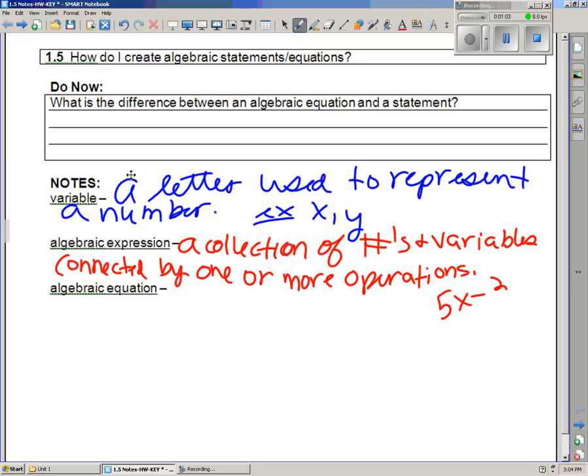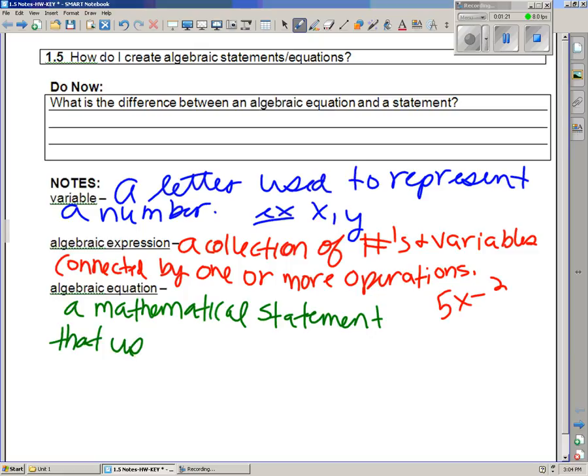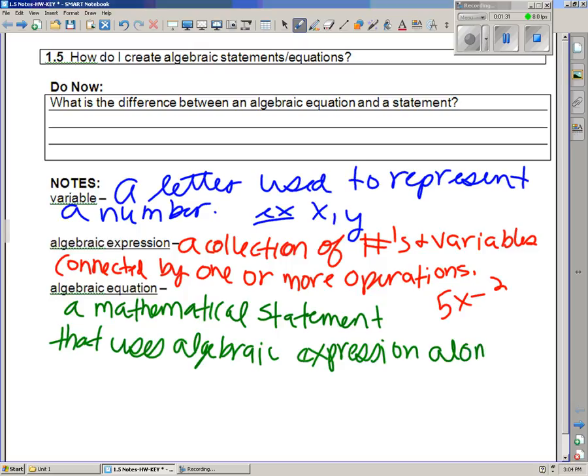An algebraic equation is a mathematical statement that uses algebraic expressions along with an equal sign.